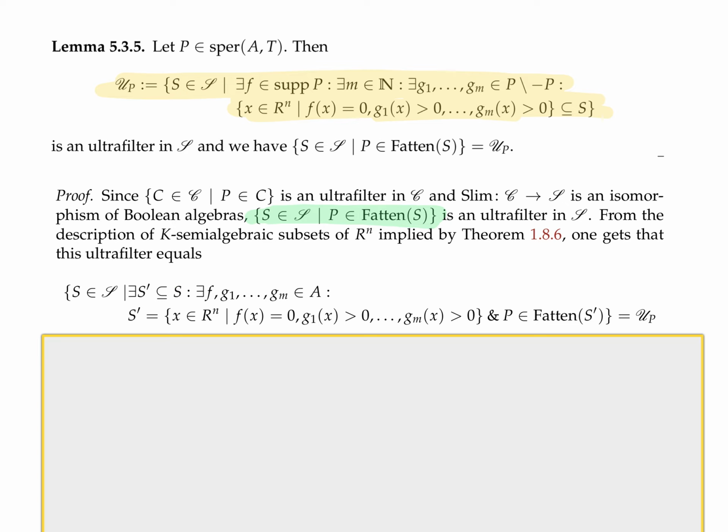And since the condition is that P is in the fattening of S, I could also say that P is in the fattening of one of these sets contributing to the union, because the fattening is an isomorphism of Boolean algebras.